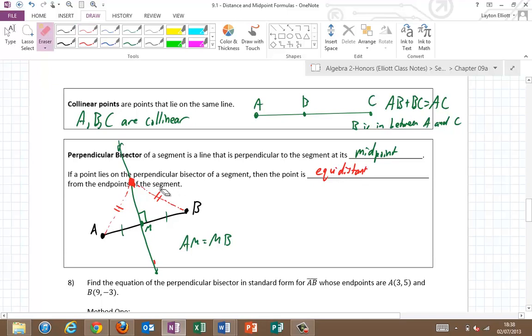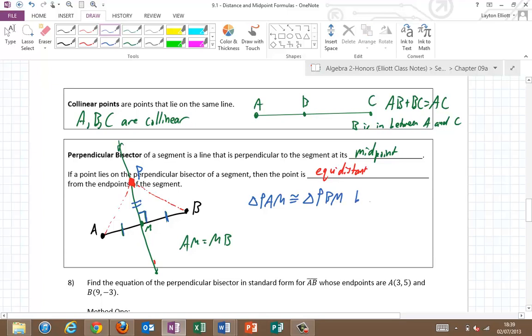Now, geometry, people. I can erase that and kind of do a simple little proof here, where I say that I have a little piece of a triangle here. I have right angles here. And I have another piece of the triangle here. And if I label this point P, then I know that triangle PAM is congruent to triangle PMB, or PBM.